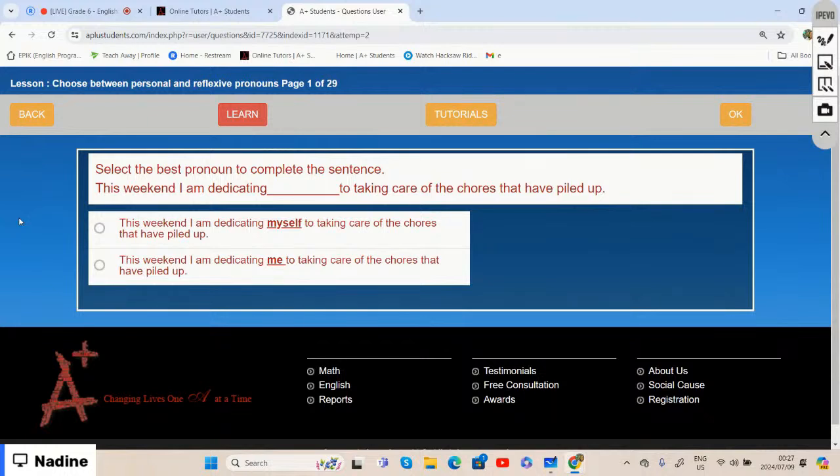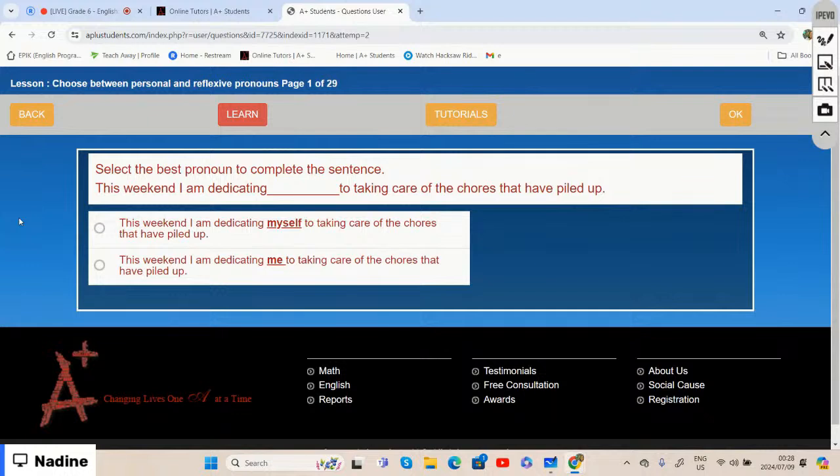Do I say this weekend I am dedicating myself or I'm dedicating me? Option one or two? All right.